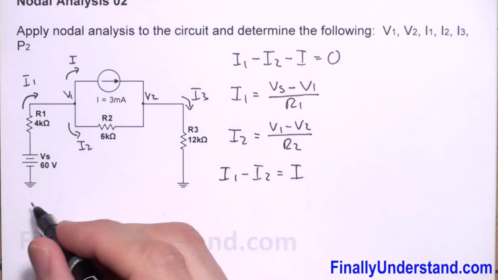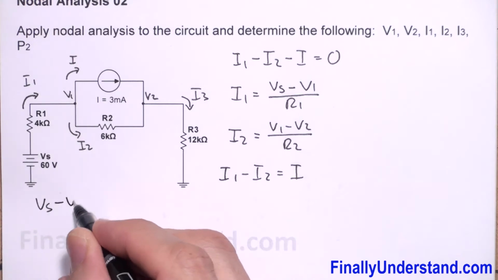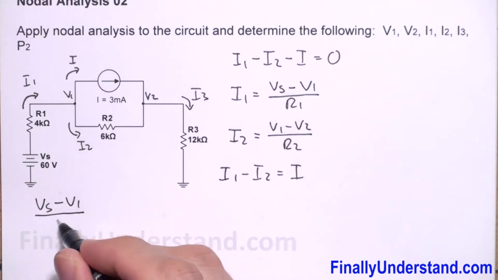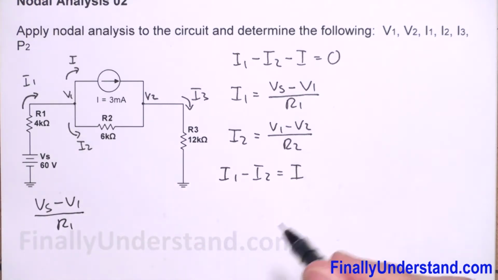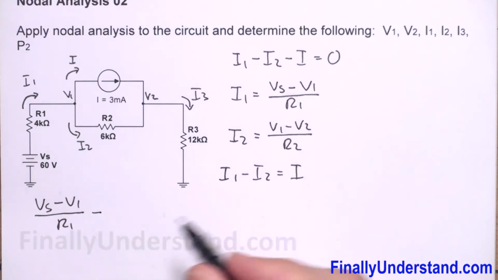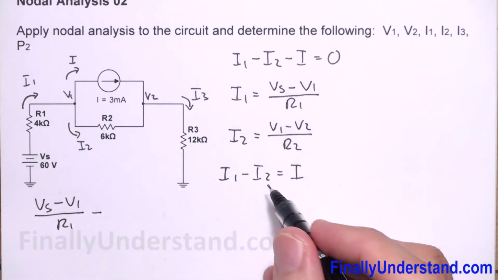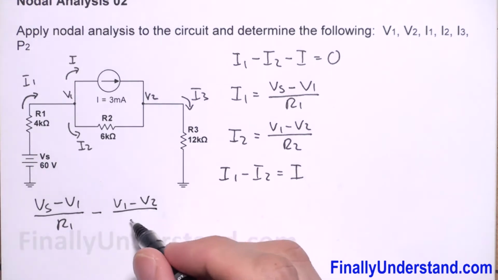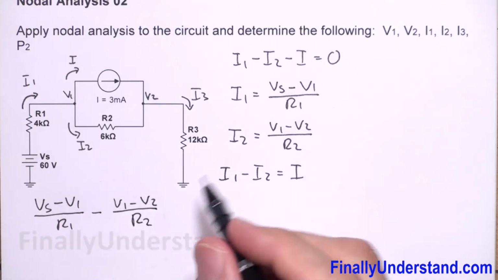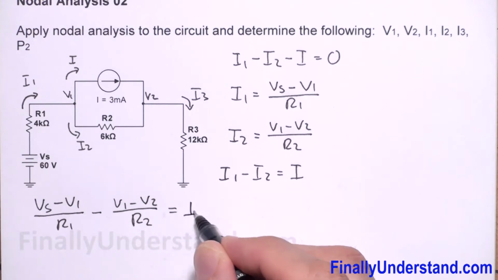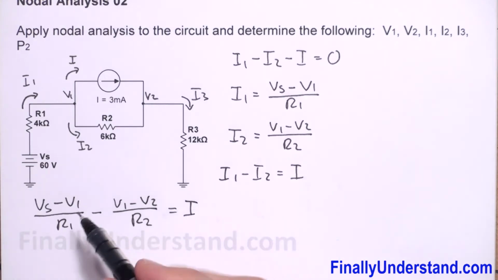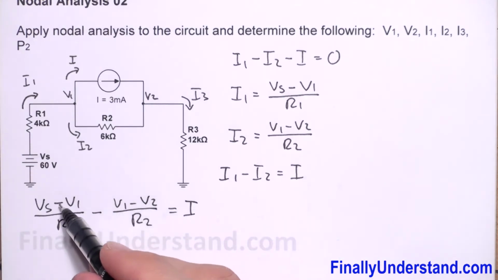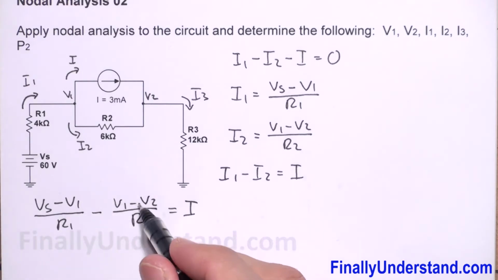So I have Vs minus V1 over R1, and I have minus I2, which is V1 minus V2 over R2, is equal to I. Next, I'm going to simply rewrite this single fraction as two fractions, and the same I'm going to do over here.